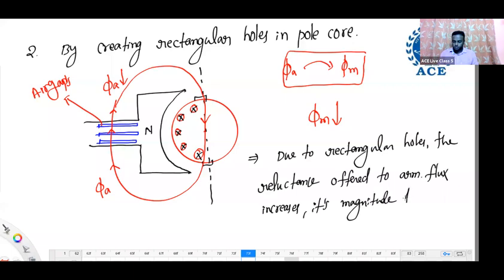Whenever the armature flux magnitude decreases, its effect on main flux also decreases. But the drawback of this method is that whenever main flux is passing through, the strength of the main flux also decreases. So this is not the best method. That is the drawback of this method. Okay.